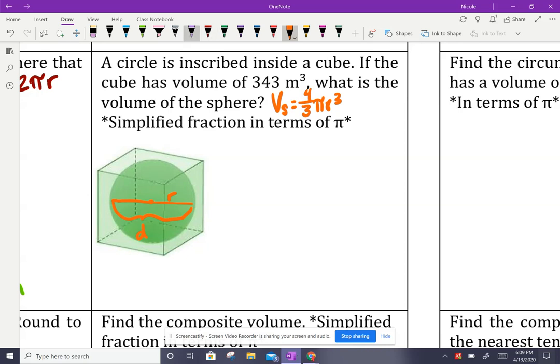So for the volume of the cube, let's give our side lengths x. The volume of the cube is x cubed, so we set that equal to 343 and take the cube root.